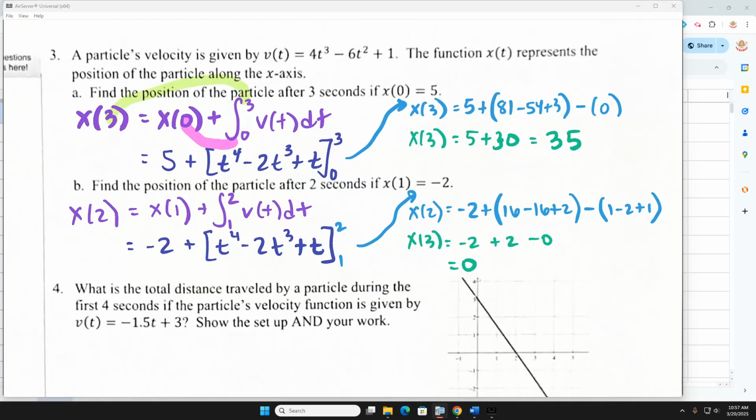I wrote a 3 where I was supposed to write a 2. So it looks like at 2 seconds, the particle is at the origin. Oh, not necessarily at the origin, but yeah, at the origin if it's on the x-axis.